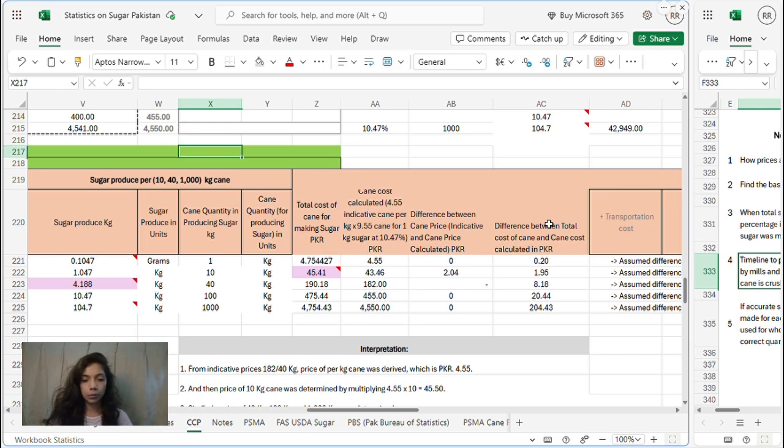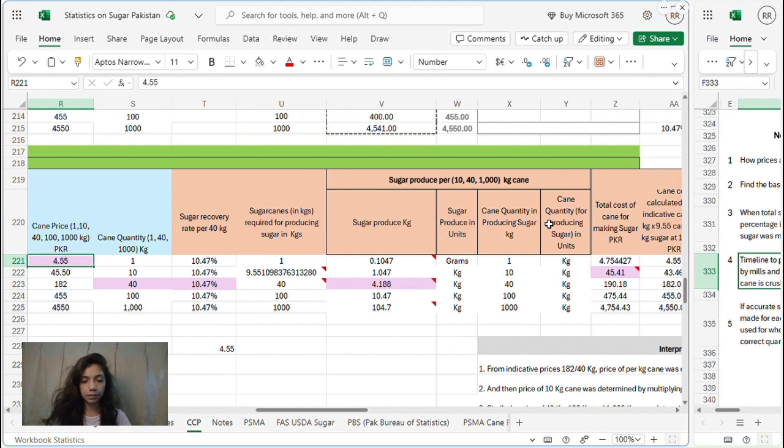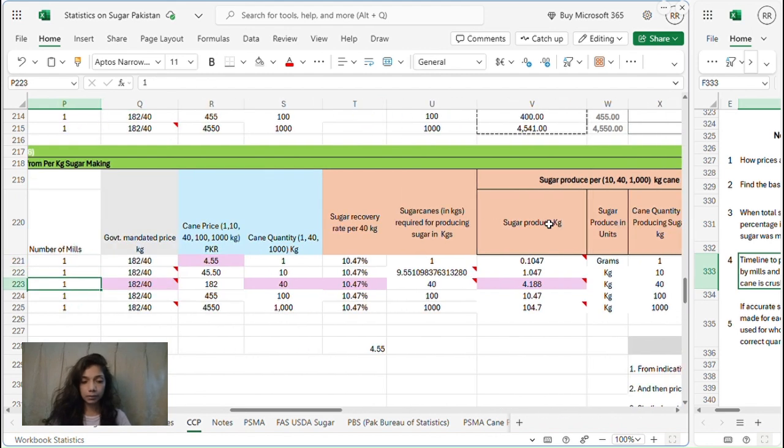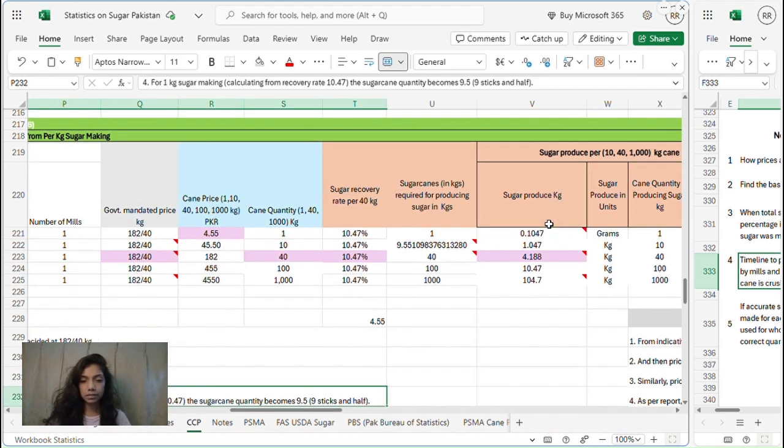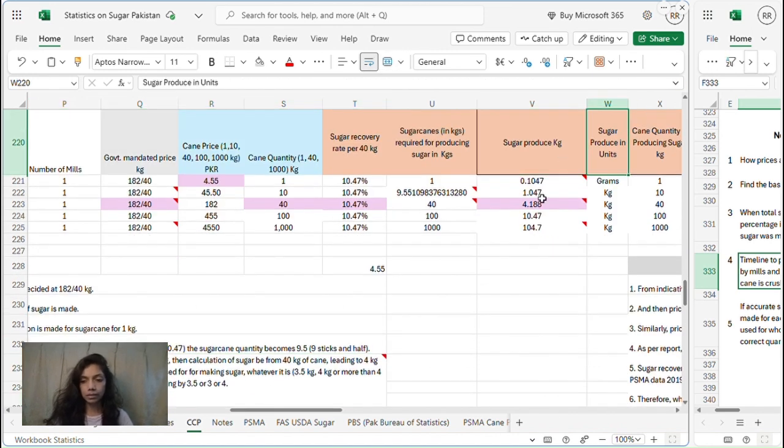Yesterday we began here. We were looking at this table, and in this table we tried to identify some numbers and how they were derived.